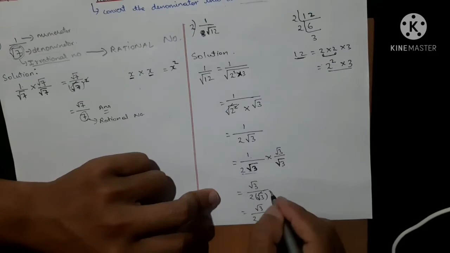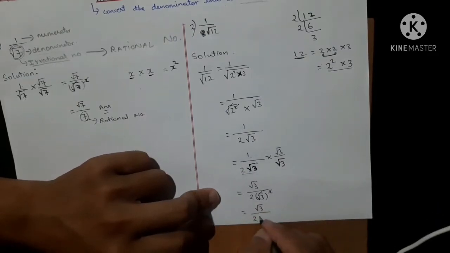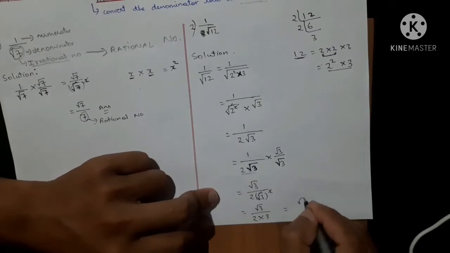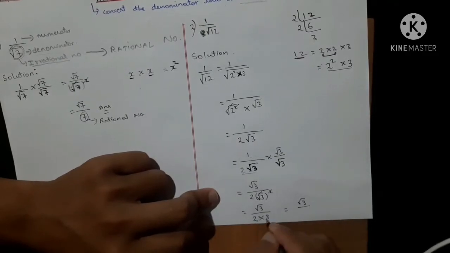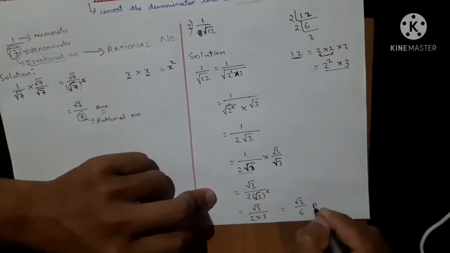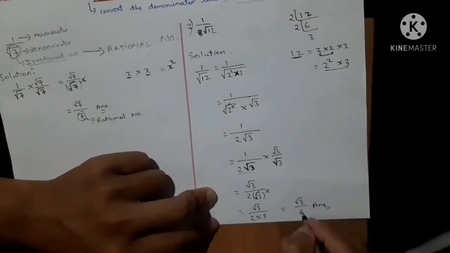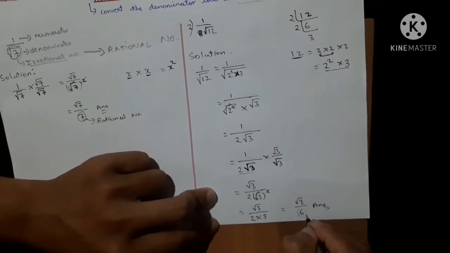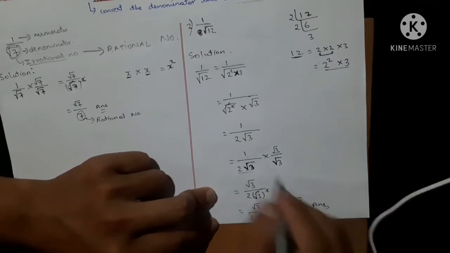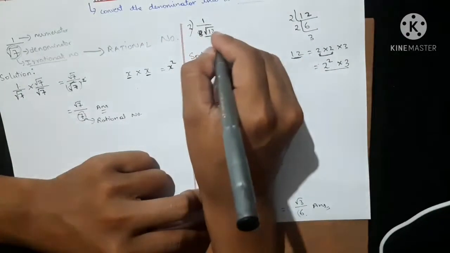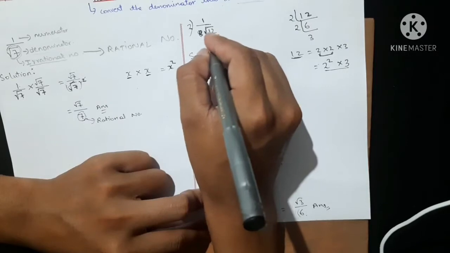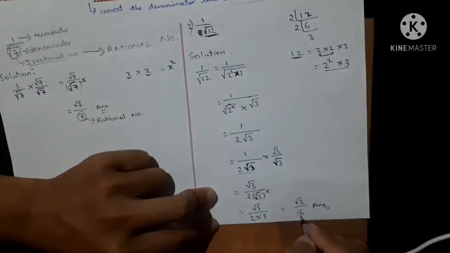This square root and this square get cancelled and we got only 3. 2 multiply 3 equals 6, so it is square root 3 divided by 6, and this is the answer. 6 is a rational number. So hence we have converted the irrational denominator into a rational number.